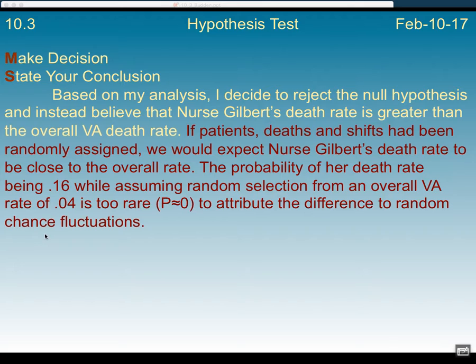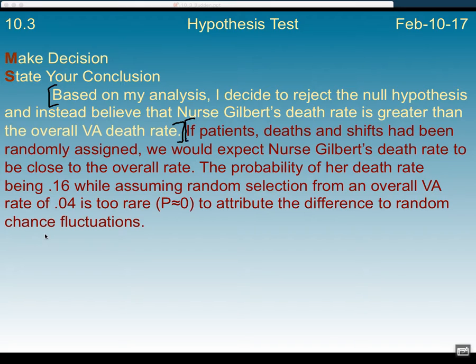Okay, I'm done waiting. I told you, the conclusion has two different sentences. This first sentence is the first interpretation. So that is the reject or fail to reject and what it means. We rejected the null, which means we have evidence for the alternative. So I rejected the null, so I believe that Gilbert's death rate is greater than the hospital's.